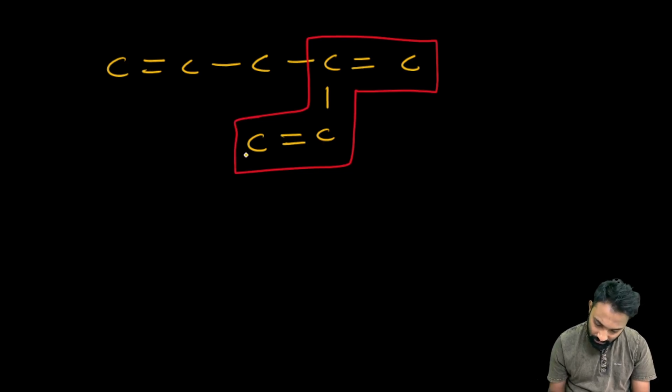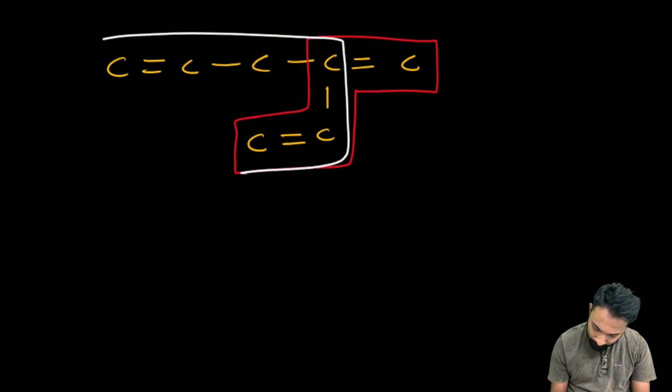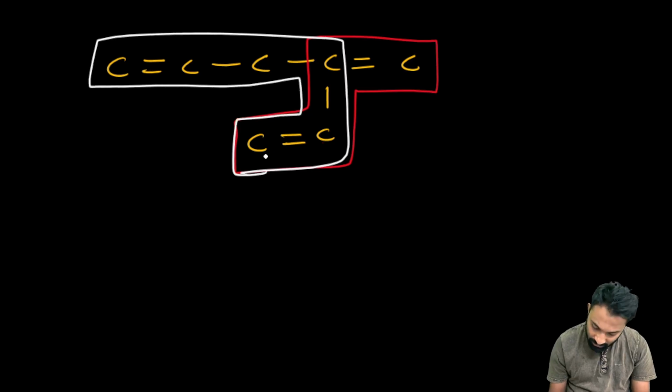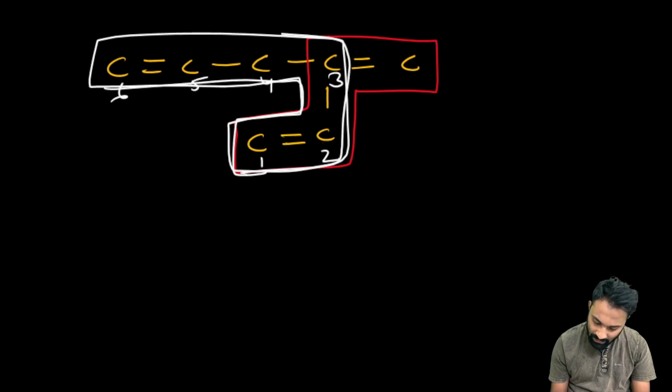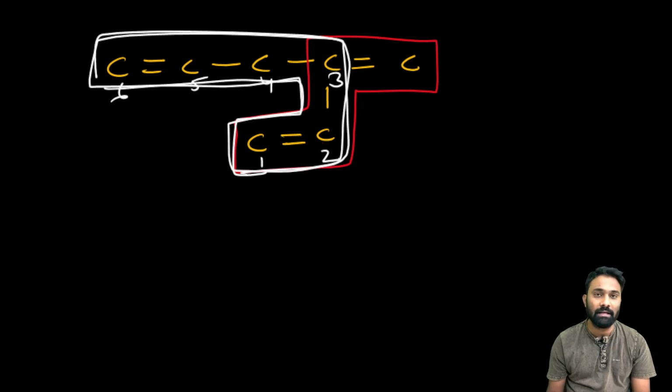Next, if you select this one as the parent carbon chain, here also we have the maximum number of double bonds, two double bonds, and more carbons, right? 1, 2, 3, 4, 5, 6. So this white one will become the parent carbon chain.